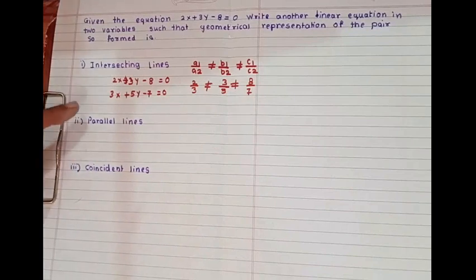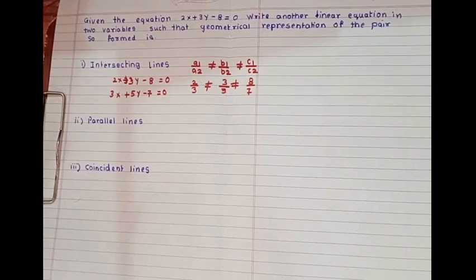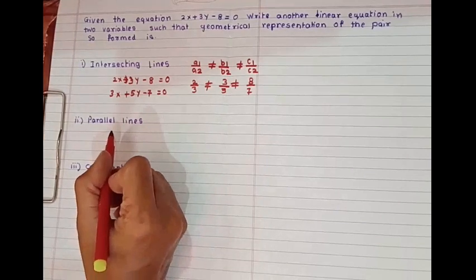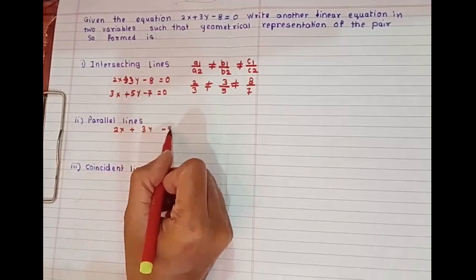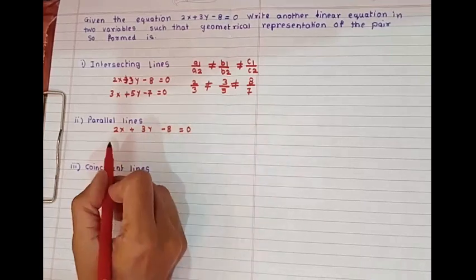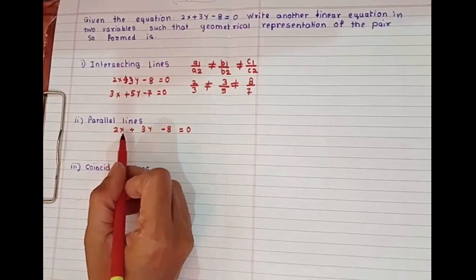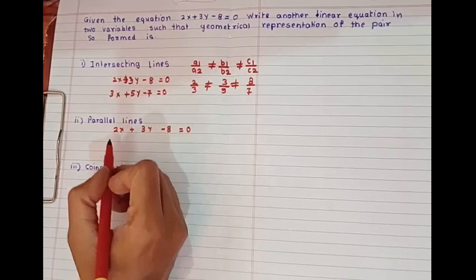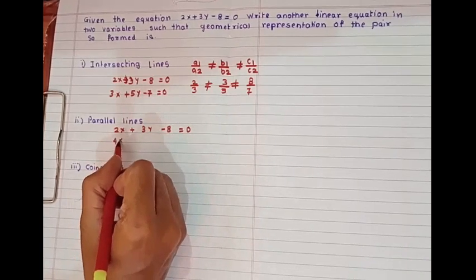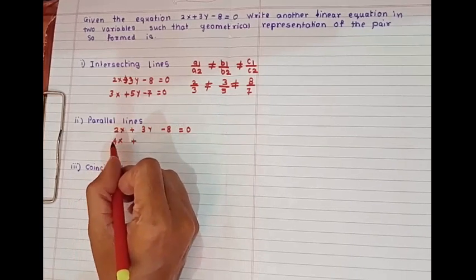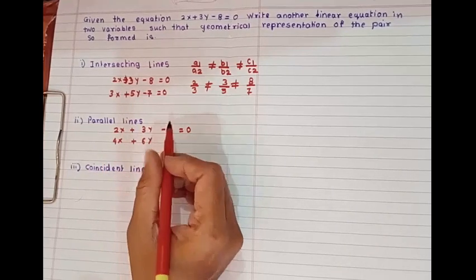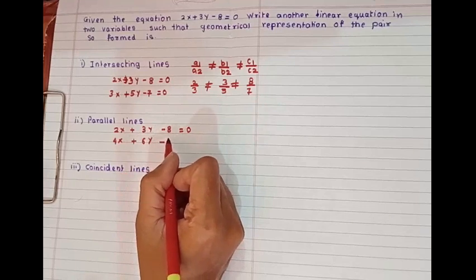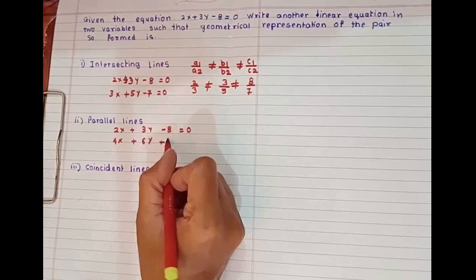Ratio a1 upon a2 must be equal to b1 upon b2 but not equal to c1 upon c2. So the first equation is 2x plus 3y minus 8, 0. Second, this ratio must be the same, a1 upon a2, b1 upon b2. So I can take here 4x plus, 2 2s are 4, so 3 2s are 6. See, we just have to simplify. Minus, I can change the constant, so I can take here plus 5.